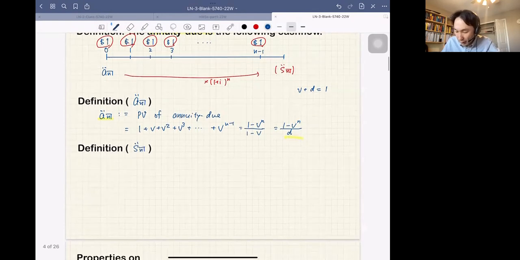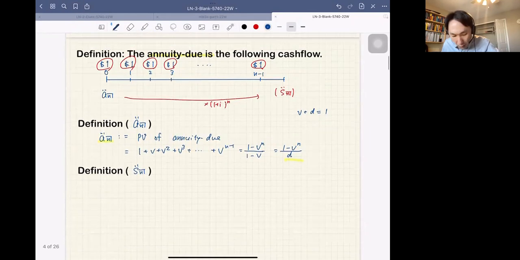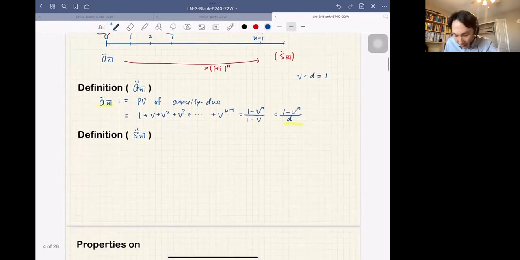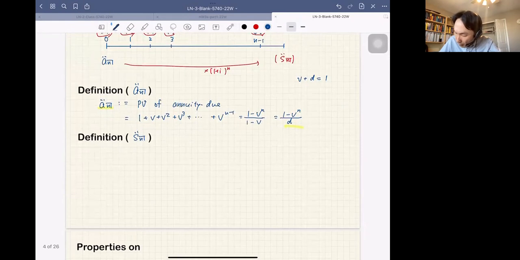Actually, the double dot is just the 1 plus i times the a right angle n. So I will explain in the next slide. And s double dot right angle n, this is the accumulated value of annuity due.